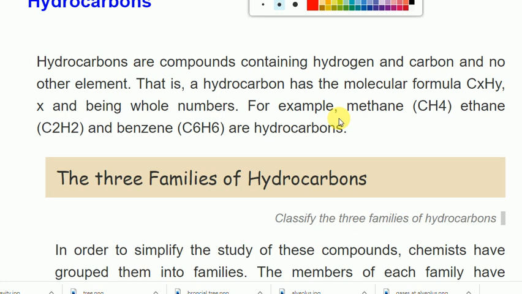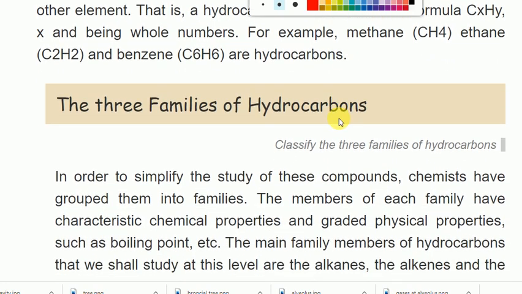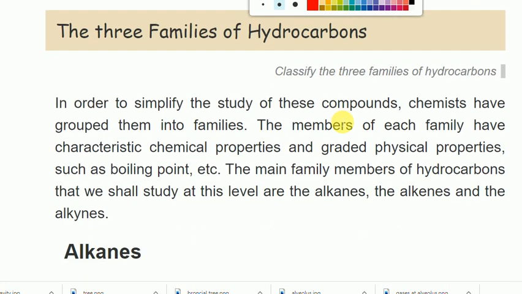Now when we are discussing hydrocarbons in O-level, we have three major families of hydrocarbons which we will discuss. In advanced level we discuss these three families of hydrocarbons, but we will add other families such as benzene, which are not studied in O-level. For O-level we study three families of hydrocarbons.